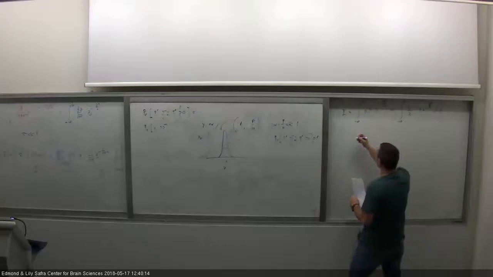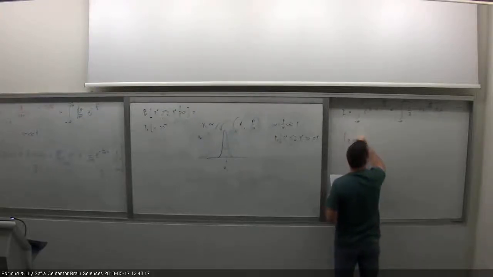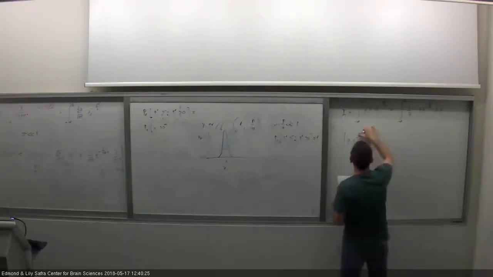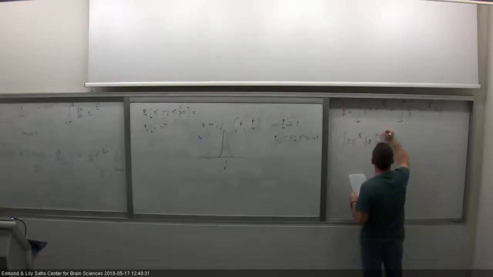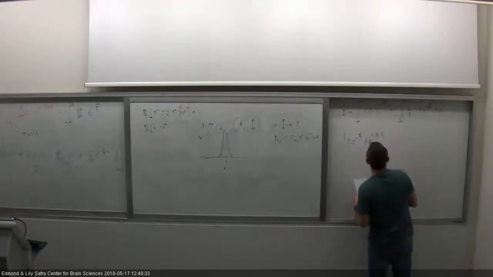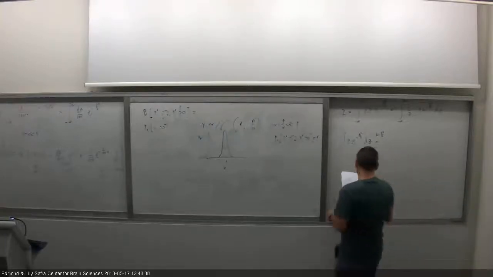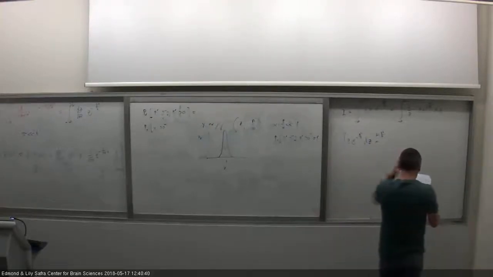So the integral of z e to the minus z squared over 2 dz, to solve it, we change variables. We use, I don't know, k equal to z squared over 2, so dk is equal to z dz.